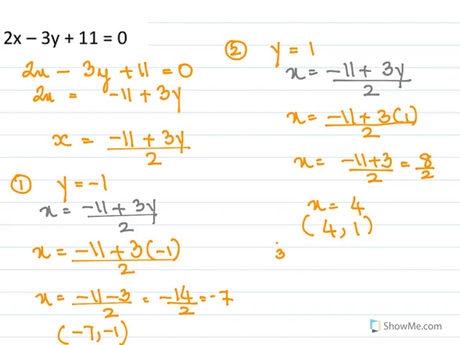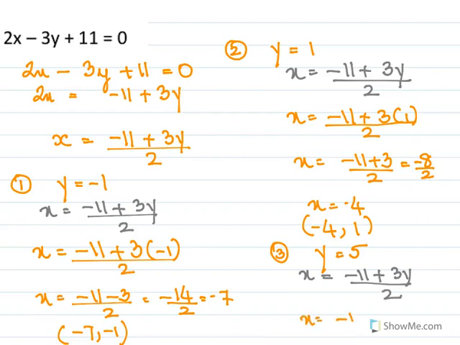And then for the third point, here's a mistake, it should be minus, so this becomes -4. For the last one, you put y = 5 in the equation x = (-11 + 3y)/2, and you work it out.